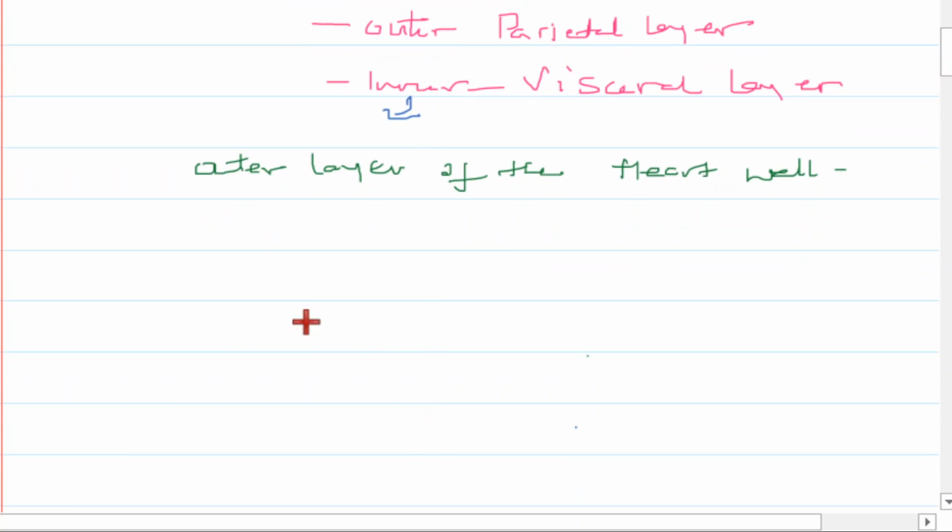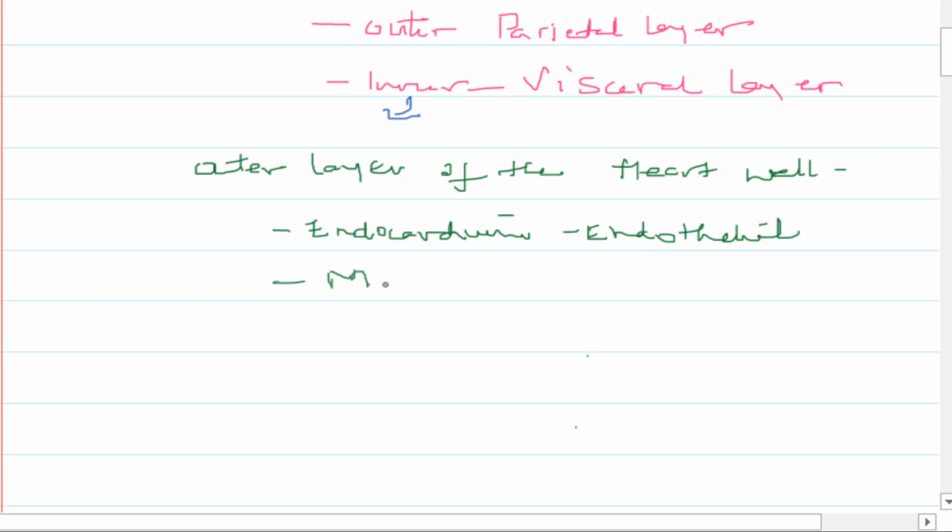So if you want to write it down, the layers of the heart wall. Don't confuse the heart wall with the double membrane sac-like structure that it is enclosed in. So the heart wall has the endocardium, which is made up of endothelial cells.